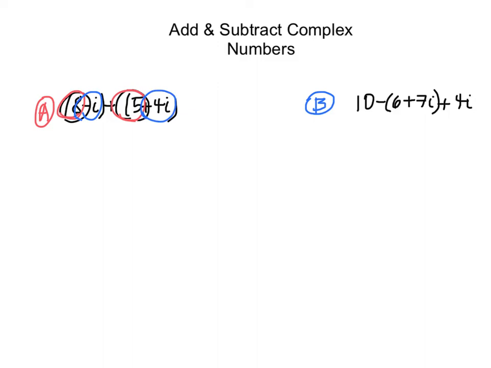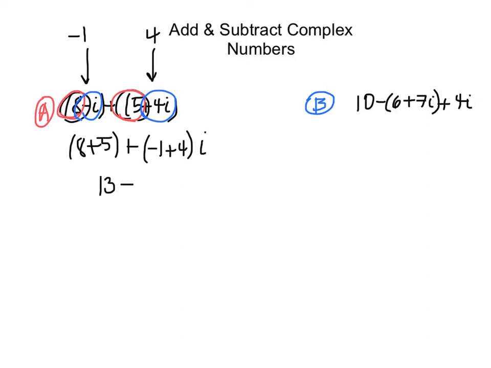So in my simplified answer I will have 8 plus 5 plus, from our i values, negative 1 plus 4, and then we're going to factor out the i, leaving the i on the end by itself. So our final answer is 13 plus 3i.